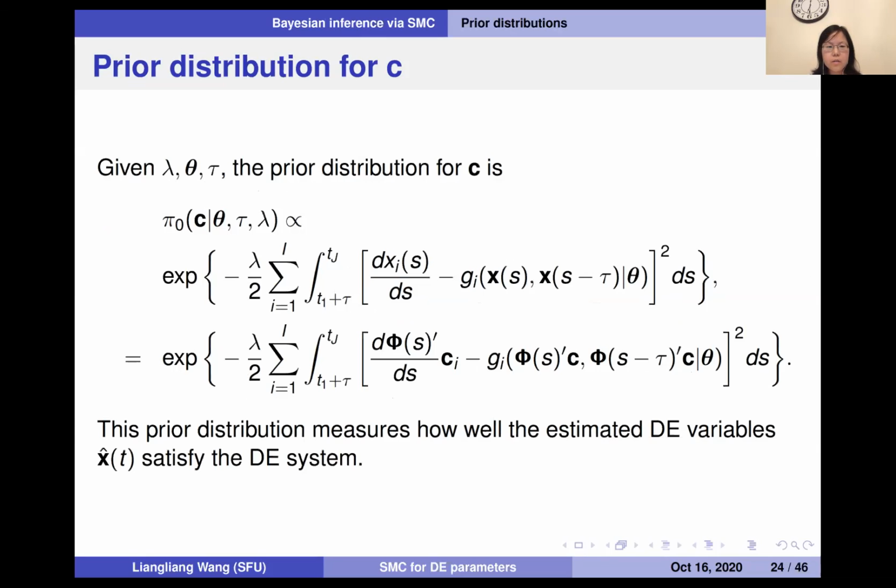The prior distribution serves the same purpose, which is to measure how well the estimated differential equation variables satisfy the differential equation system.